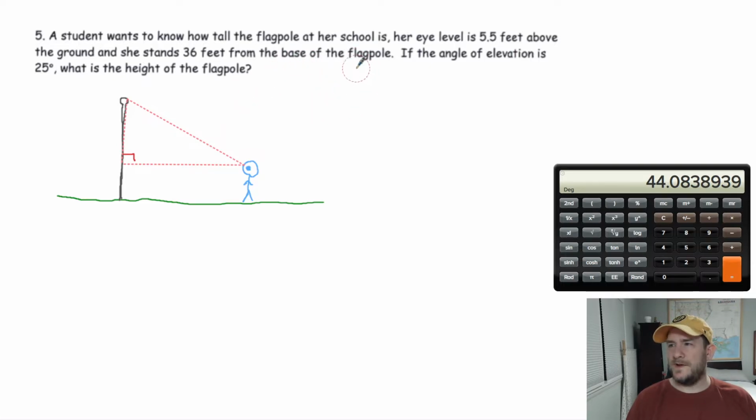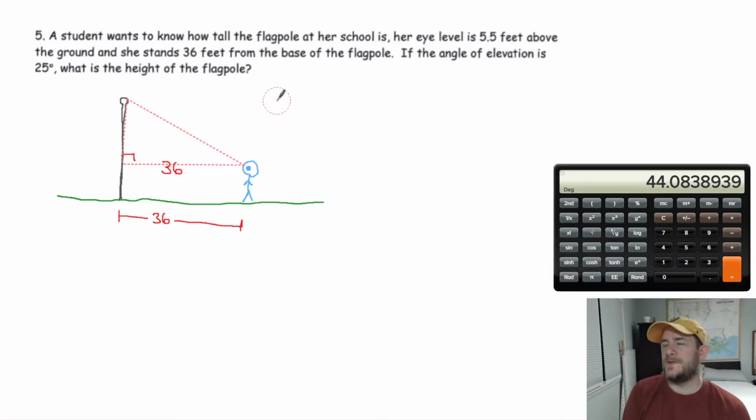What else can we say? She stands 36 feet from the base of the flagpole, so technically this distance is 36. But I hope it's obvious that this would also be 36, this part of the triangle. It says the angle of elevation from her eye up to the flagpole is 25, so this is 25 degrees. So the weird part happens now. It says, what's the height of the flagpole?